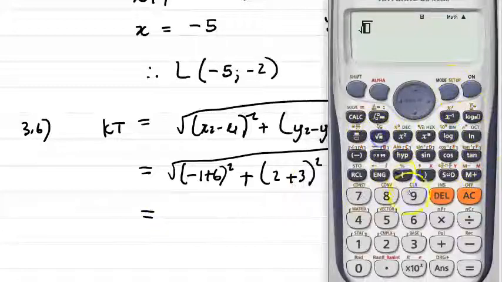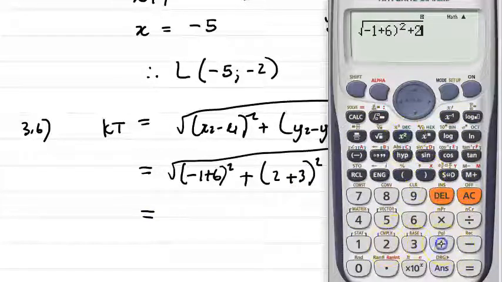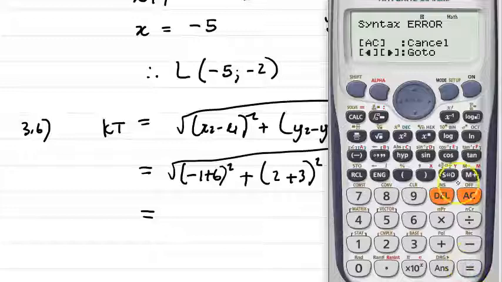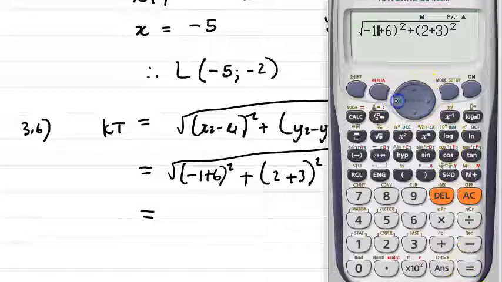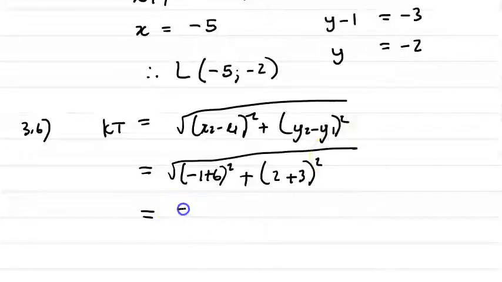So we've got the square root of minus 1 plus 6 all squared plus 2 plus 3 all squared. Let's write that properly with brackets. So there we go. So 5 root 2. Therefore we know that now KT is equal to 5 root 2.